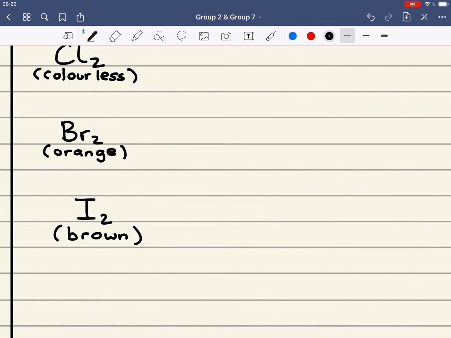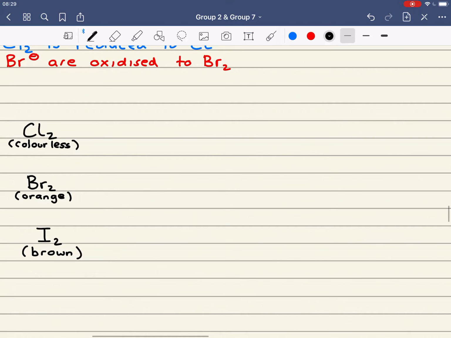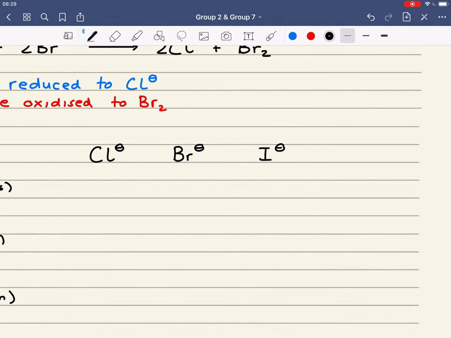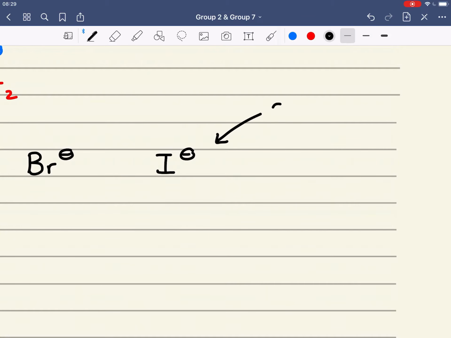I think it's iodine dissolved in potassium iodide, which gives it its brown colour. I don't think iodine's soluble in water. Now, we're going to put the ions going across, and these will all be salts, stuff like sodium chloride, sodium bromide, sodium iodide, and all these are colourless solutions.